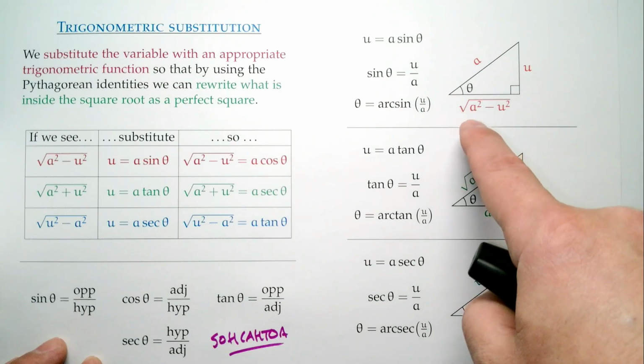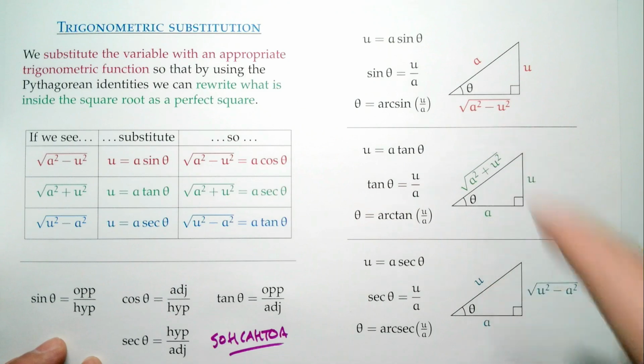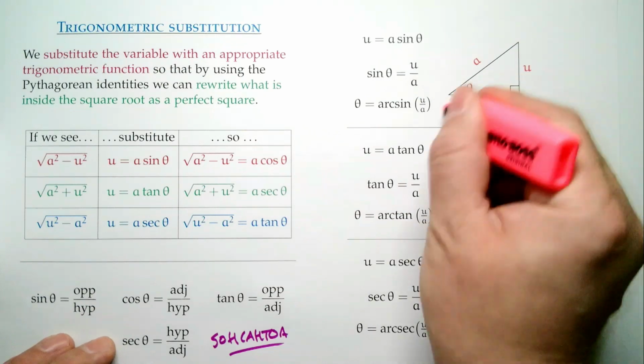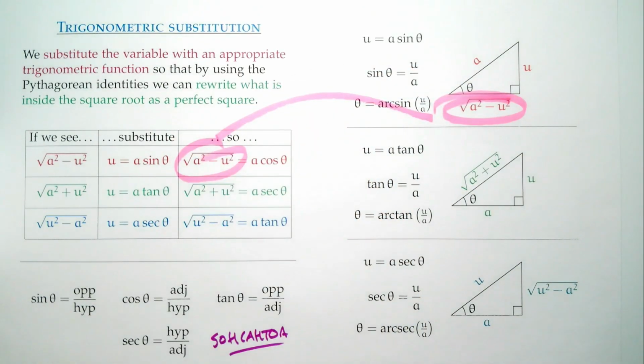Well, my missing side, by the Pythagorean Theorem, is the square root of a squared minus u squared. Now I want to point something out. I'm going to keep pointing this out several times. This piece here matches that piece there. That's not a coincidence. When you draw the triangle, you're going to see that the missing side, when I actually figure out what it is, is the same piece that motivated my substitution in the beginning.